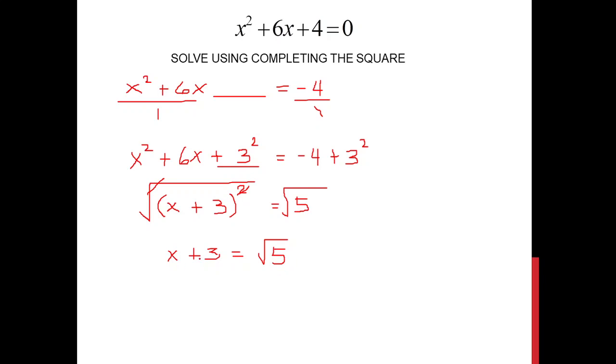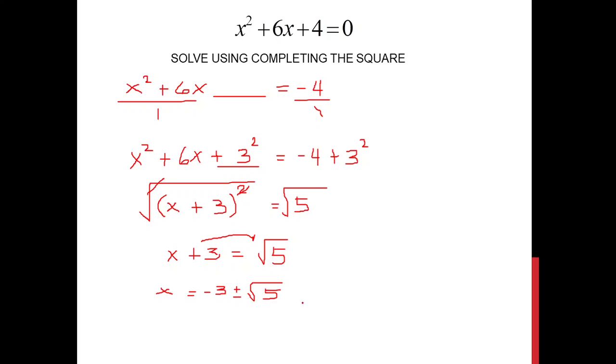Now to solve for x, we need to transpose this to the other side or use the additive inverse. So transposing that here, you have your x equals, your positive 3 becomes negative 3. Since 5 is already a prime number, we'll just copy it here: plus and minus the square root of 5.